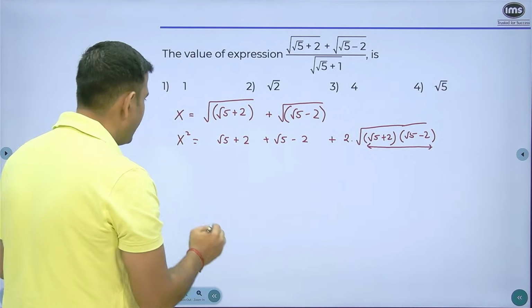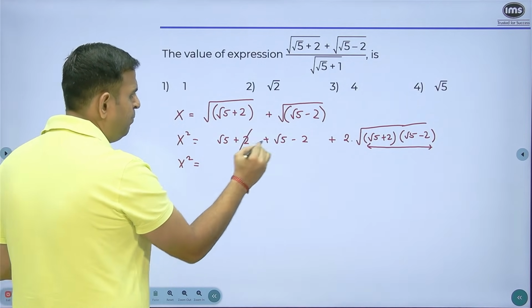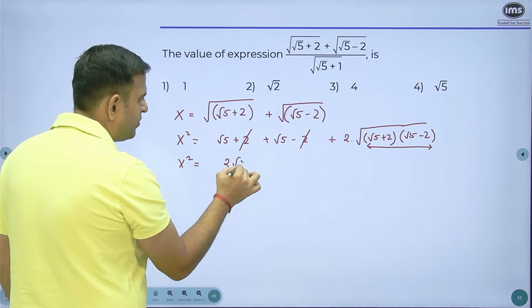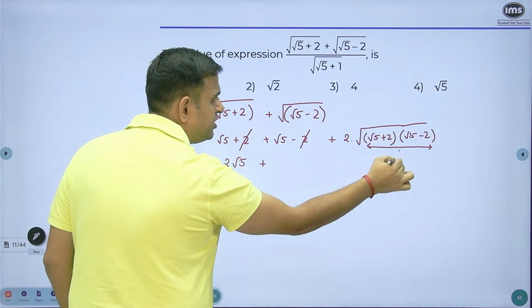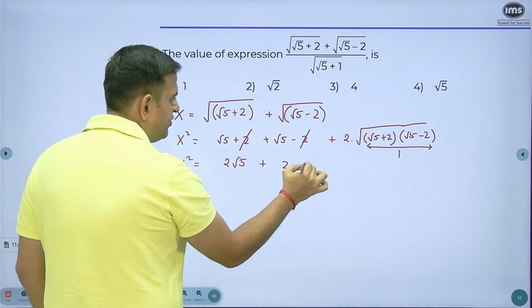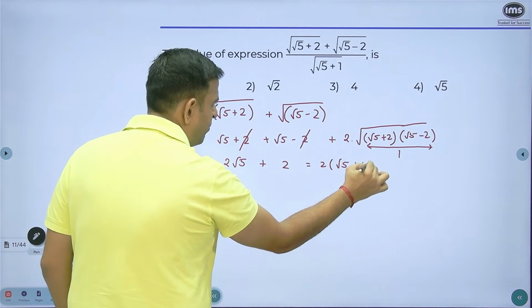So what do we have right now? We have x square as plus 2 minus 2 will vanish. You get 2 root 5. This part entirely becomes 2 into 1, which is equal to 2. So x square is equal to 2 times root 5 plus 1.